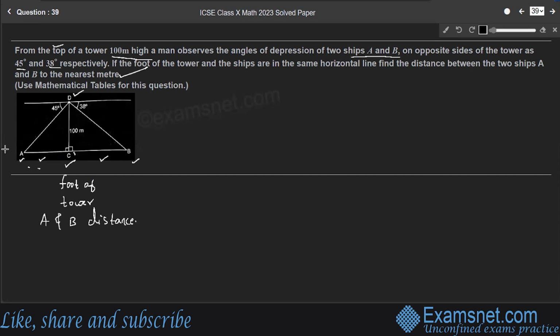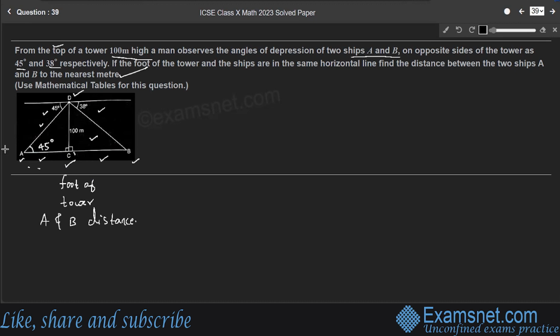How to find the AC and BC distances? Considering the triangles ACD and BCD. These two triangles are formed because of the angles of depression, because of the inclination, AD and BD. Now consider the two triangles. The angles of depression are given here, 45° and 38°, so that we can say angle A is also 45°.